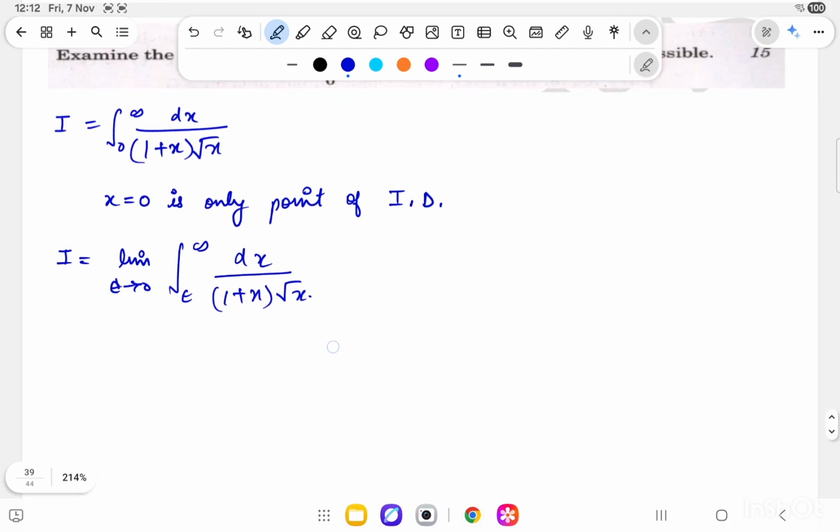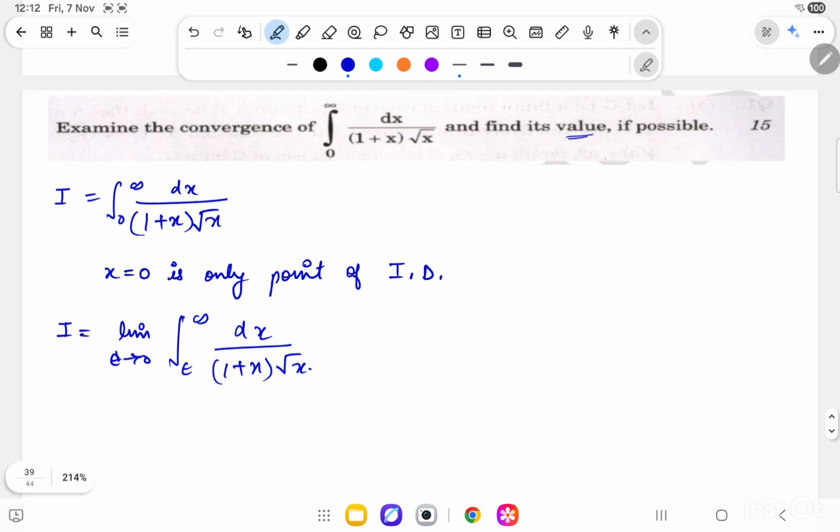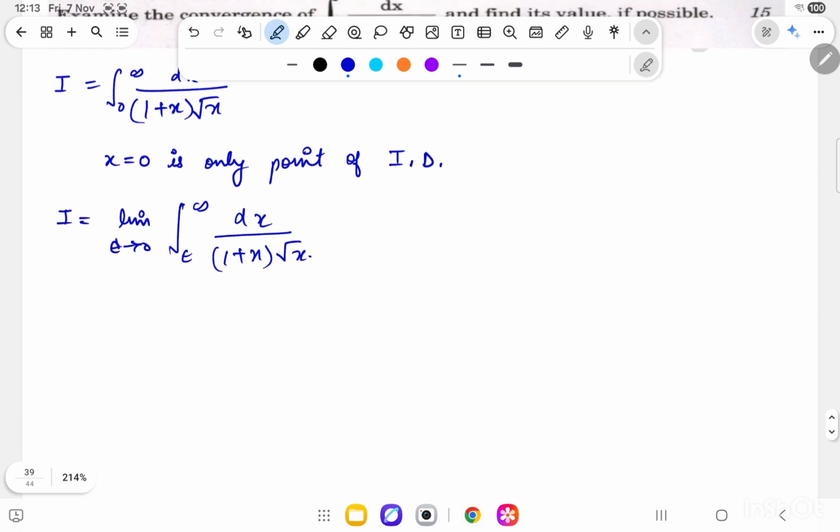It is easy to evaluate this integration, and also we are supposed to find its value. So we'll just directly evaluate it and see if we get a finite value or not. If I assume square root of x as u, then x is u square. So that gives me dx as 2u du.